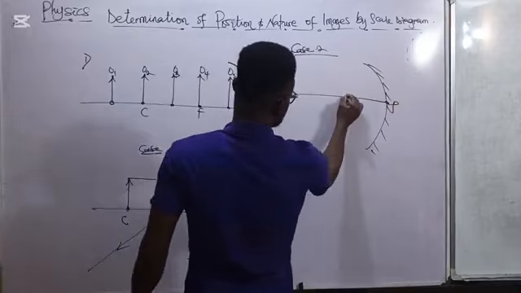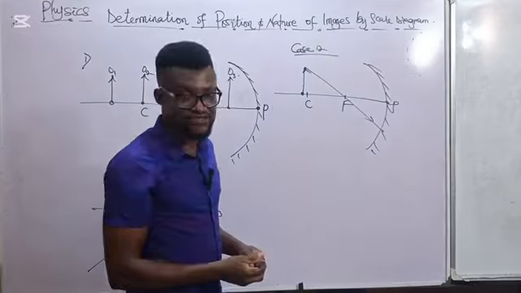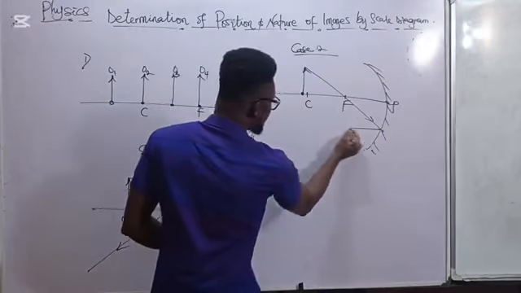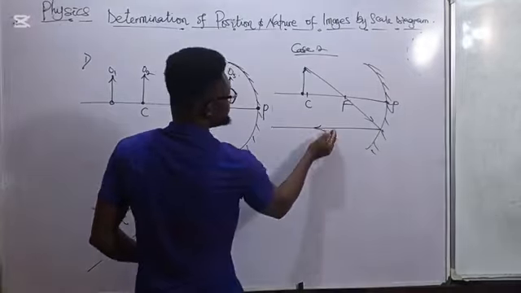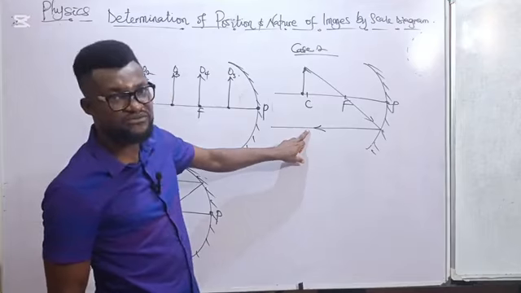Now, no matter the position of the object, any ray that passes through the principal focus, that means this one now becomes the incident ray, must reflect back parallel to the principal axis. On reflecting backwards, it reflects parallel to the principal axis. So this one now has become the reflected ray.